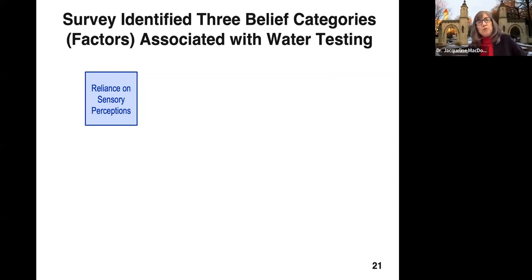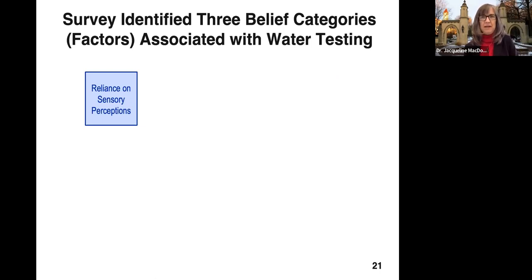And then through statistical analysis of these survey results using something called factor analysis, we were able to identify 3 factors that really seem to be significantly associated with whether these survey respondents said they had gotten a water test or not. The first of these factors was this tendency to rely on sensory perceptions that I mentioned.